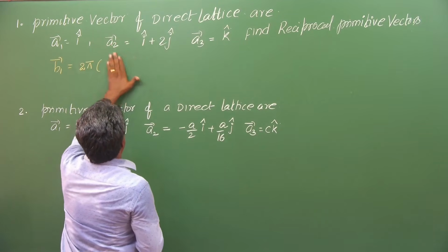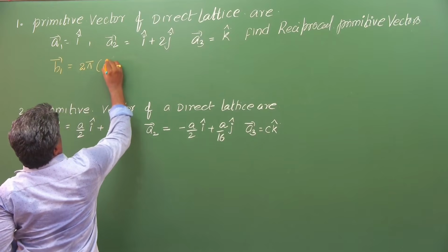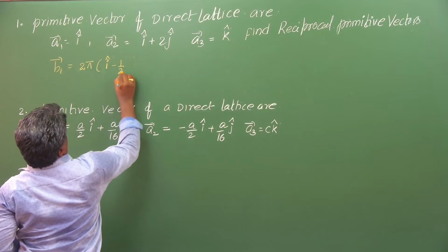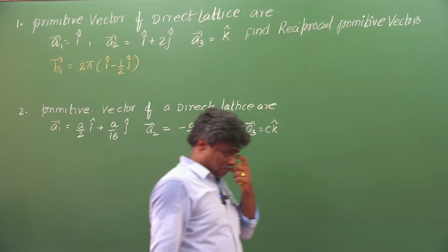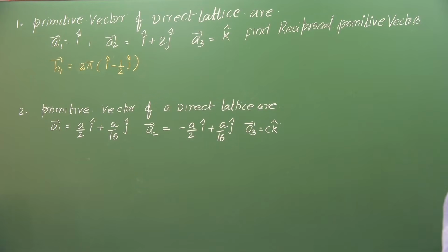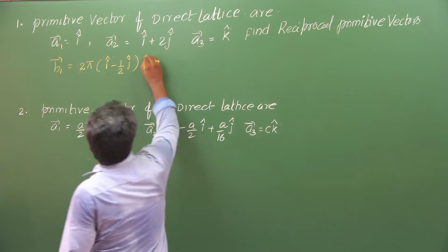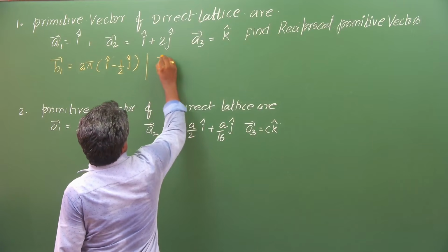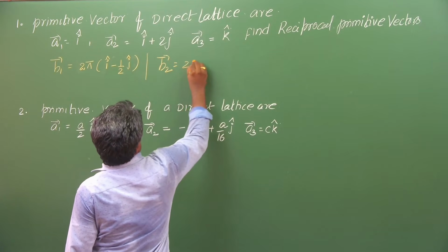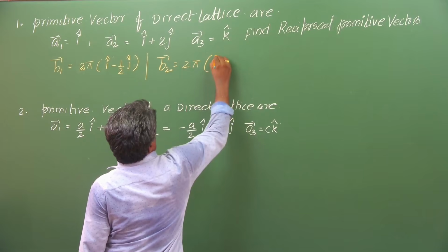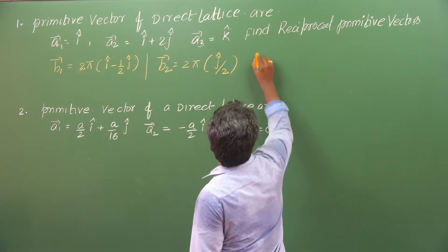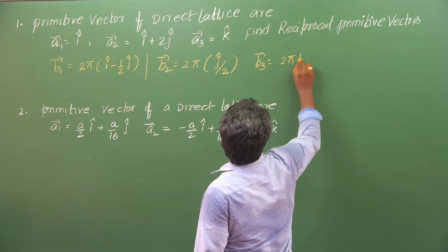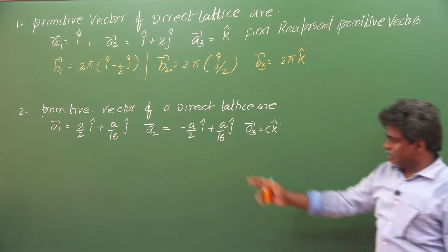Don't cancel that 2 pi, keep it as it is. I minus 1 by 2 j cap. Please check your answer. B2 bar, how much, Naina? 2 pi into j by 1 by 2 j. 2 pi k cap. Next, the second problem.